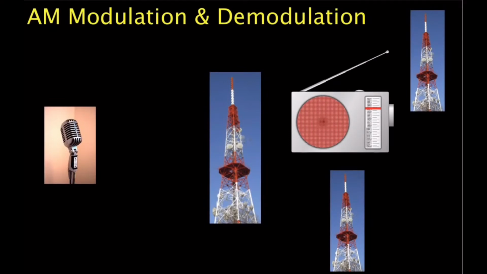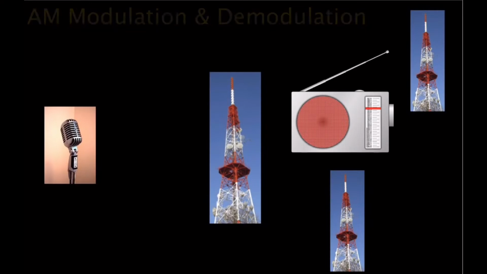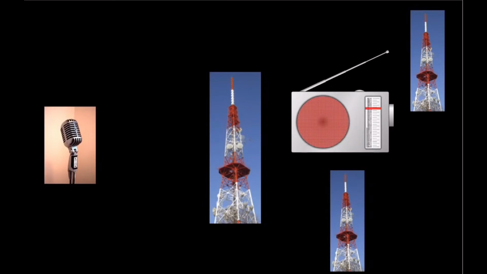In this video, we will describe what happens in the modulation and demodulation part of an AM radio system. Now, AM radio may seem like so last century to most of you. In fact, there aren't that many stations that still do AM radio as their primary mode of operation.